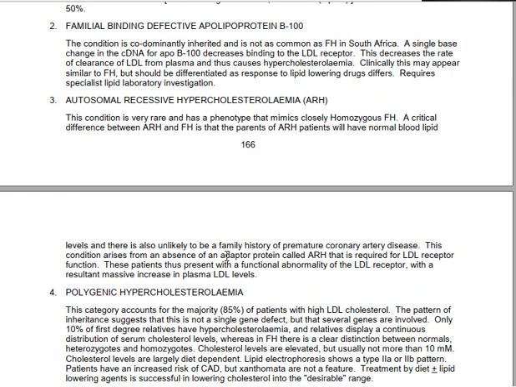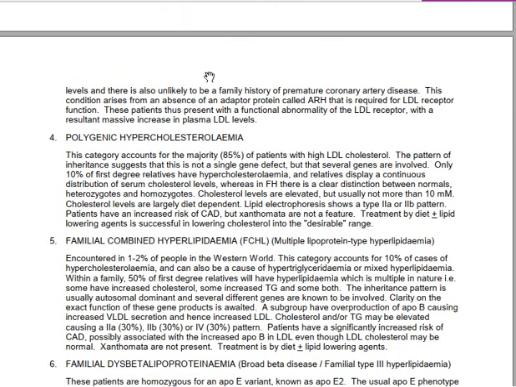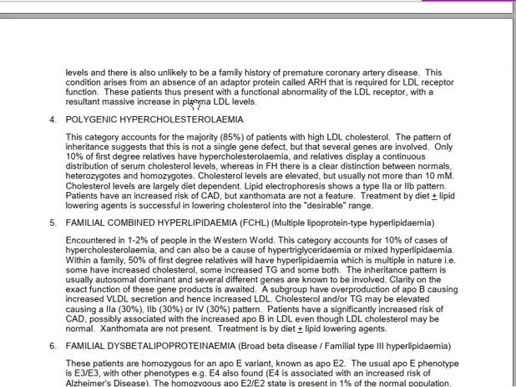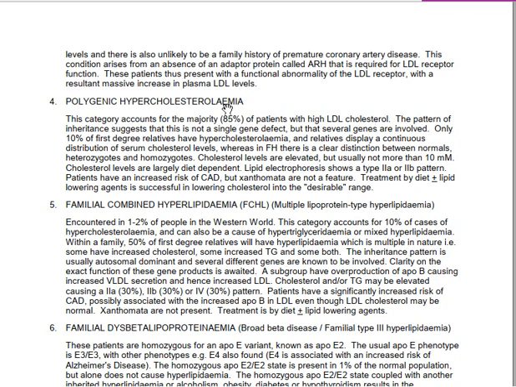So there is a high level of low density lipoproteins in blood, as the low density lipoprotein is going to accumulate. This autosomal recessive hypercholesterolemia is just like familial hypercholesterolemia, so they are similar. But in this case it's autosomal recessive, while familial hypercholesterolemia is autosomal dominant.